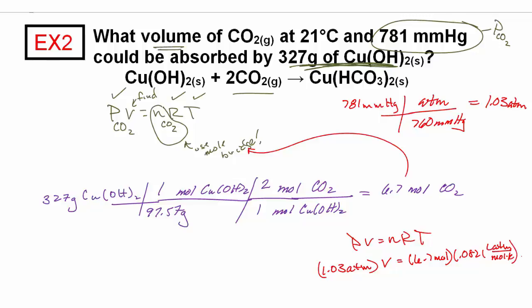And the temperature is 21, which is about 294 Kelvin. So I'll take 294 times 0.0821 times 6.7 divided by 1.03, about 157 liters.